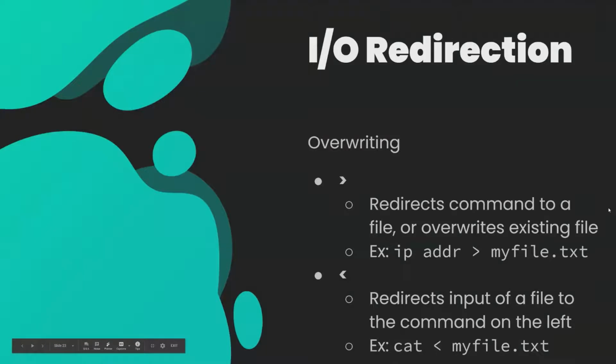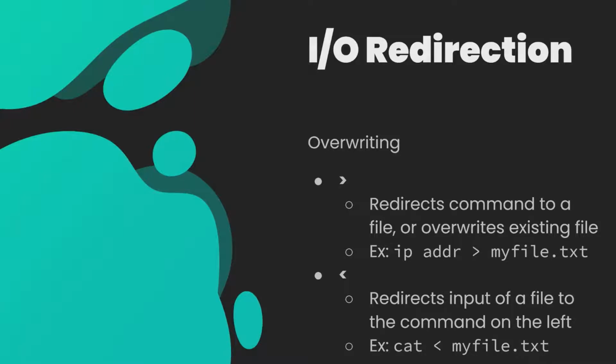Okay, now we're going to get into input-output redirection. So I'm going to show overwriting of files. The arrow is typically used in between two commands. And what that basically does, this particular arrow that points to the right, it redirects the command to a file or overwrites the existing file.